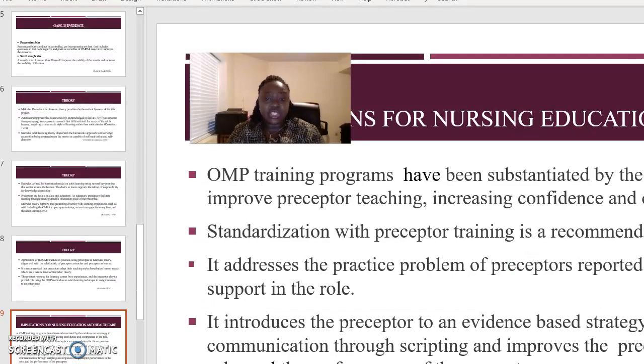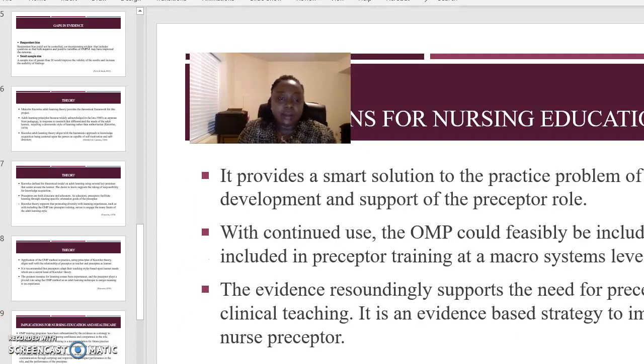So the implication for nursing education in healthcare: the 1 minute preceptor method training program has been substantiated by the evidence as a strategy to improve preceptor teaching, increasing confidence and competence in the role. It equips the preceptor to teach and to deliver exactly what is expected to be delivered.